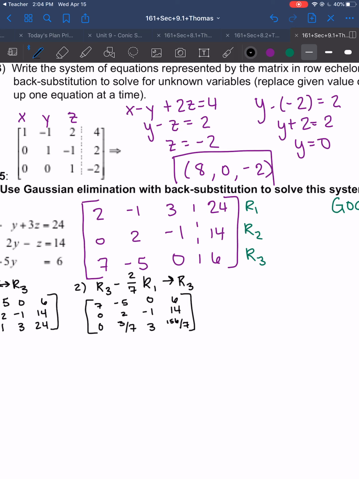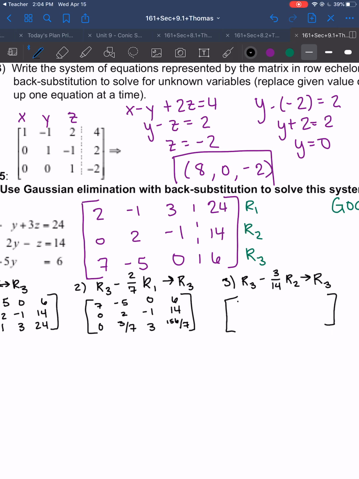So now I want to get rid of that thing right there. I'm trying to get this to be a 1, but I want that to be a 0. So third step will be to take R3 minus 3/14 R2 and then put that in R3.